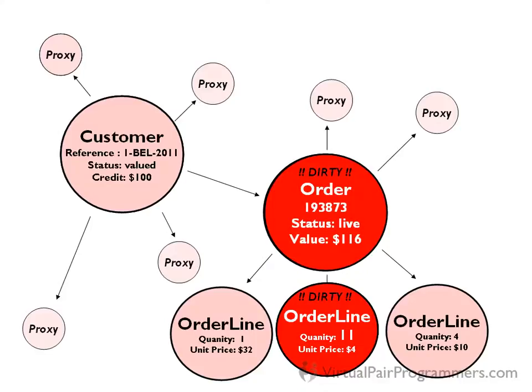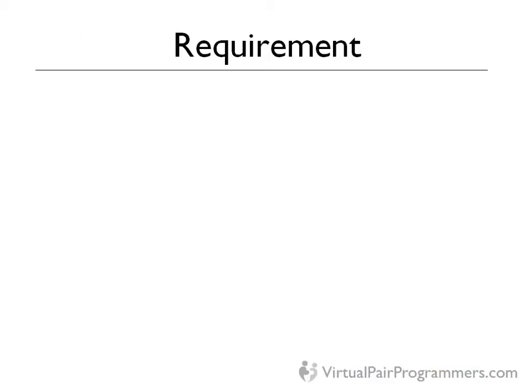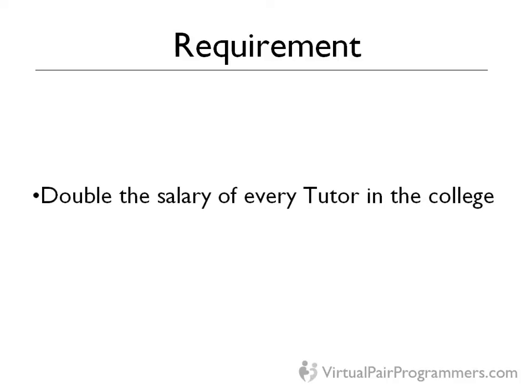On the other hand, Hibernate is not good at jobs such as complex queries, especially reports, or for bulk operations. And that's not a criticism of Hibernate. That's because Hibernate doesn't really intend to do those kinds of jobs. A good example that we met earlier in the course was that we wanted to double the salary of every tutor in the college.